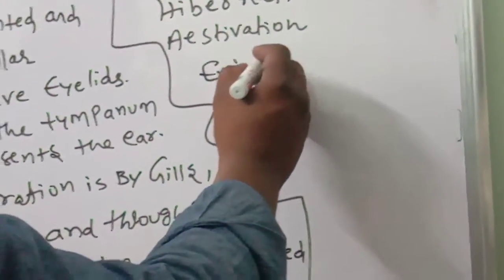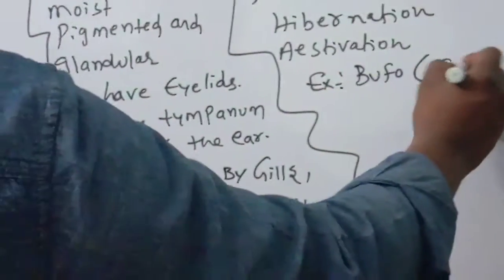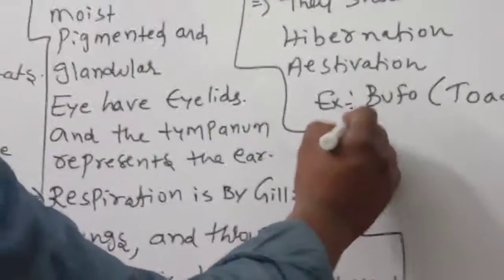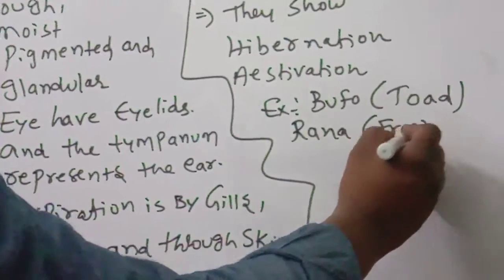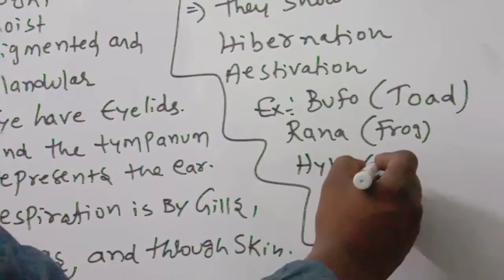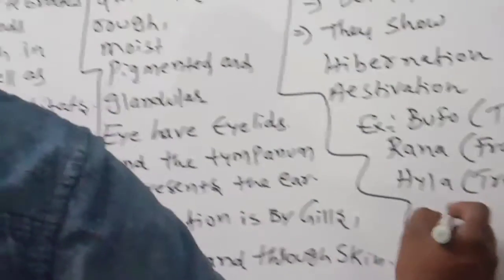What are the examples? Here I am writing examples. Bufo, also called toad. Then Rana, what is called frog. Next, Hyla, the tree frog.